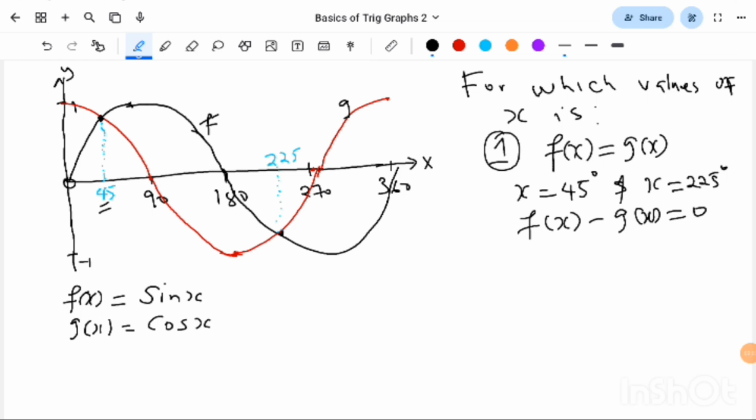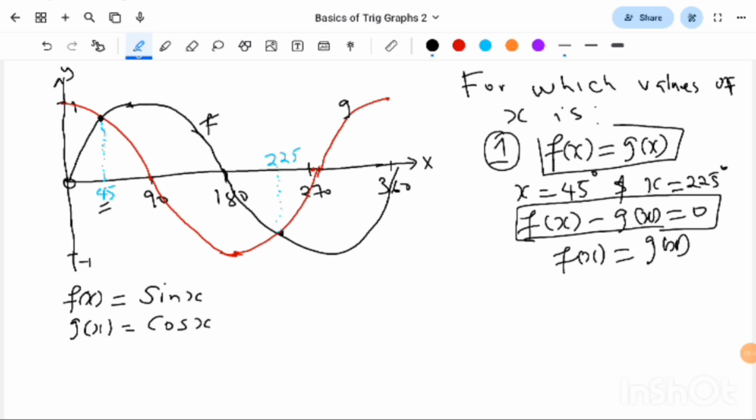They are basically asking you the same question, because you can rearrange this to become f of x is equal to g of x. So if they ask you something like this, it's the same as this. They're asking you where the two graphs meet, and the answer is that and that. I hope that makes sense.